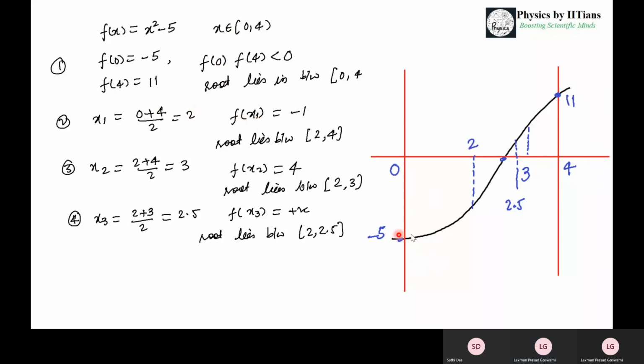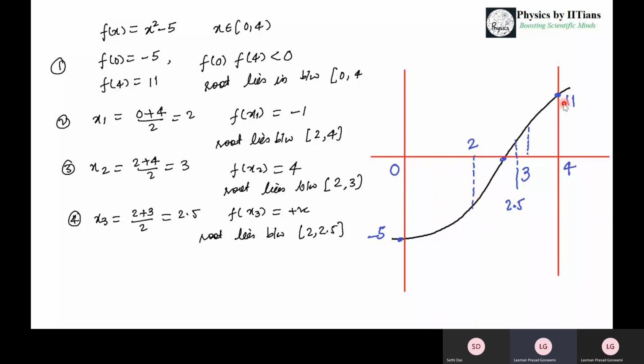Already we have f(0) is minus 5 and f(4) is 11, and now at the middle point x equal to 2 the value is negative. It means the next point will not lie between 0 and 2 because both are negative, but it will lie between 2 and 4, as here we have a negative value and here a positive value of the function.